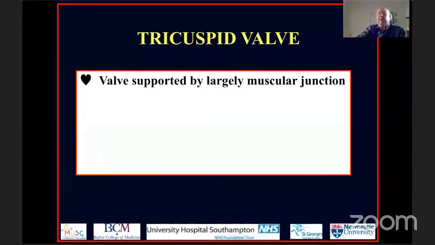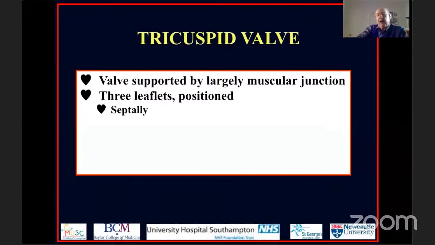So if I summarize what I've told you about the normal arrangement, the right atrioventricular junction is largely muscular, and supported within that right atrioventricular junction, you have the leaflets of the tricuspid valve.